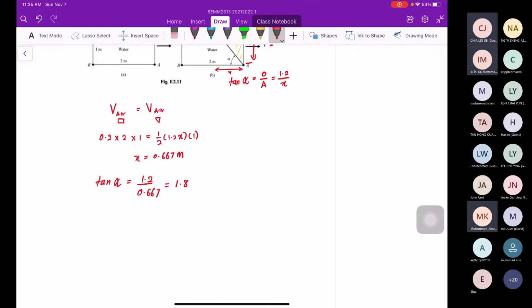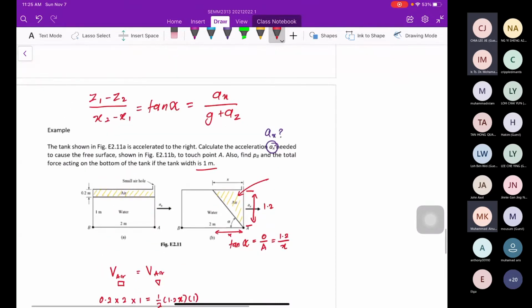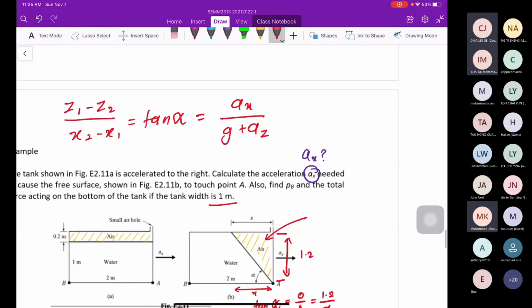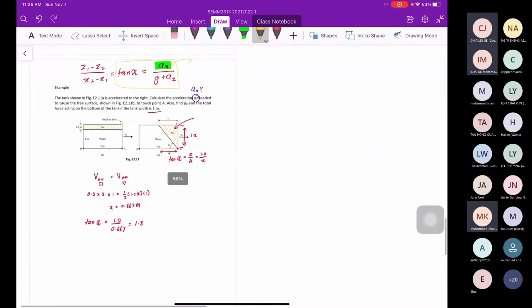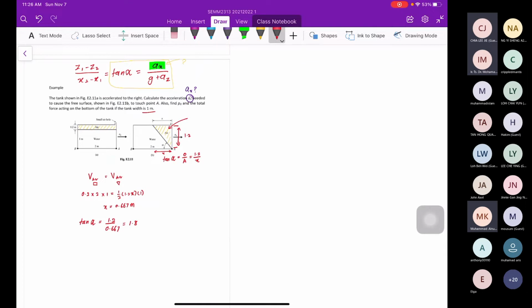Alright. So from here the question asks to find the acceleration ax. Where is the ax? This is ax. The question wants to ask how to get this one. We can use this equation: tangent alpha equals ax over g plus az.